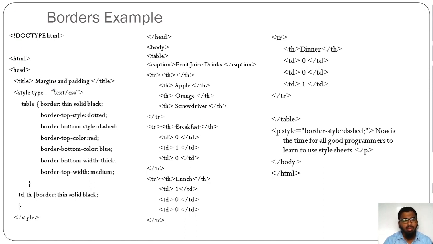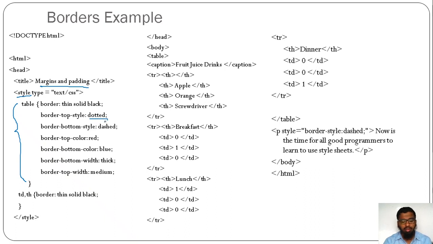In the HTML, we are focusing more on margin and padding. Here we have given the table properties and it is written in the style tag: border thin solid black. This is the normal code, but here border-top-style is dotted.